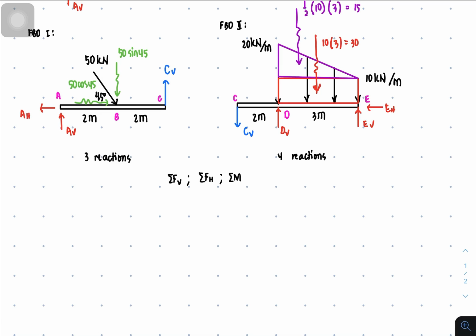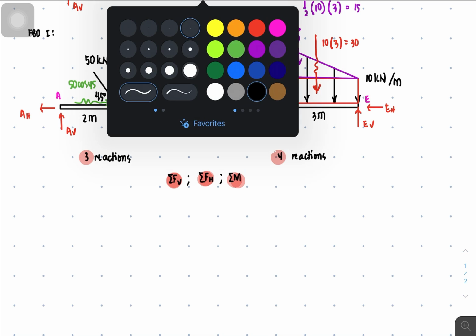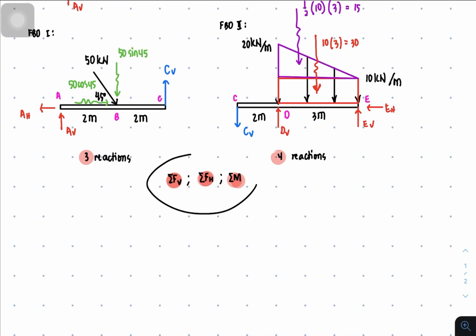If we have 3 equations, like this equation 1, equation 2, and equation 3, somehow it's giving us an idea that it can only solve 3 unknowns because we have equation 1, equation 2, and equation 3. So comparing the two, this is 3 and this is 4, then immediately this equation can solve this one, but not this one here.